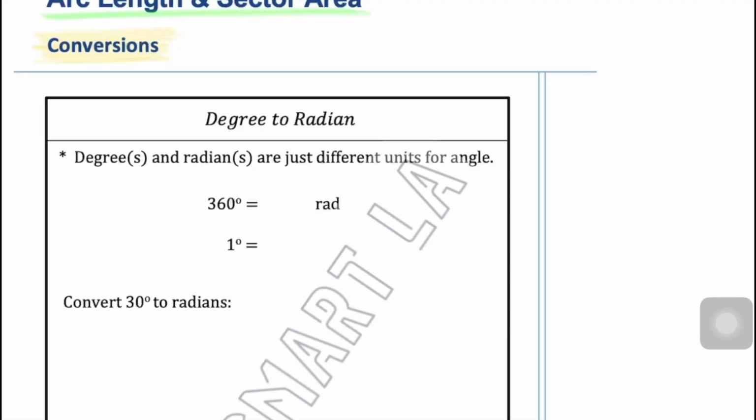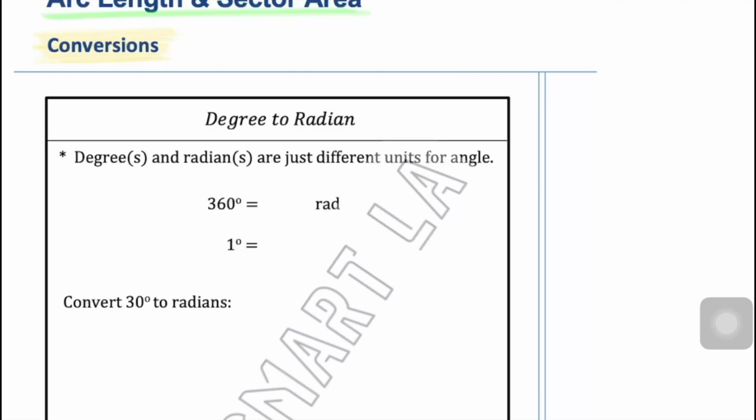So degree and radian are actually just different units for angle. So much like money, right? You have your US dollar, you have your Sing dollar, you have your ringgit, you have your British pound, and so on and so forth. So these are all different units, right? The Sing dollar and the US dollar are all different units for money.